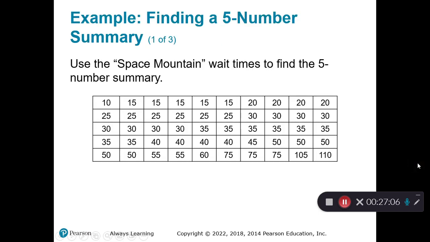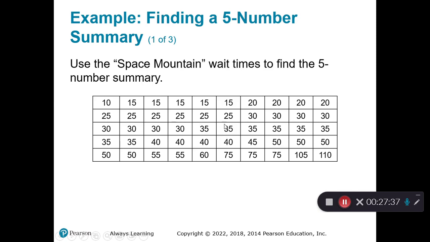Let's go back to the same example we've been working with, the 50 wait times for the Space Mountain ride in Disney World. In this data set of 50 values, we can quite easily find the 5-number summary. Of course, 2 of those values are super simple. The minimum value would be 10. The maximum value is 110. The median would be the next calculation. The median would be right here between these two 35s.